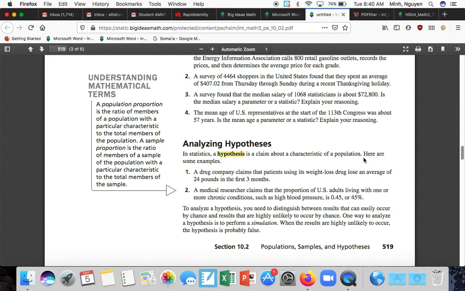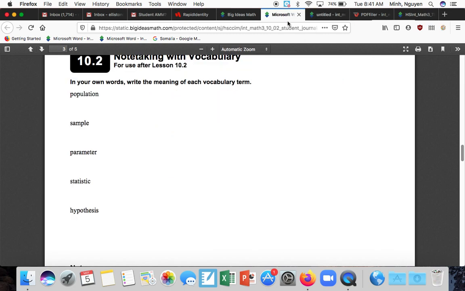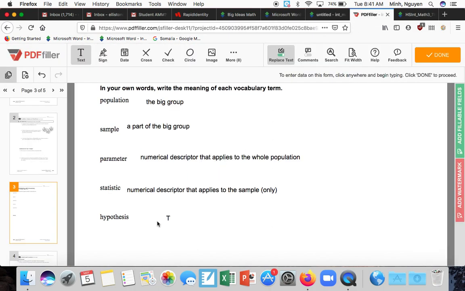That's a hypothesis, something I'm saying about everyone. Or 10% of Americans don't like turkey on Thanksgiving. I'm saying something about the whole group, so that's a hypothesis: a claim made about the population.